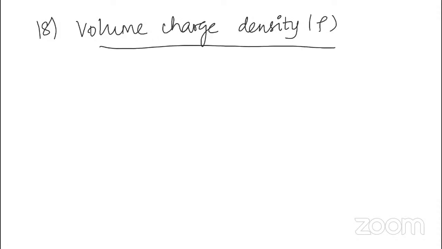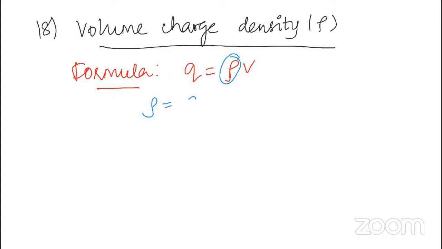Now calculating the formula for volume charge density, Q is equal to rho into V. Now we want rho, so rho is equal to Q by V. Now writing the formula, Q is A into T divided by volume, that is L cube.